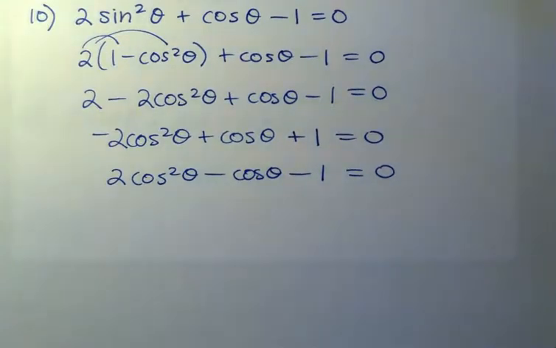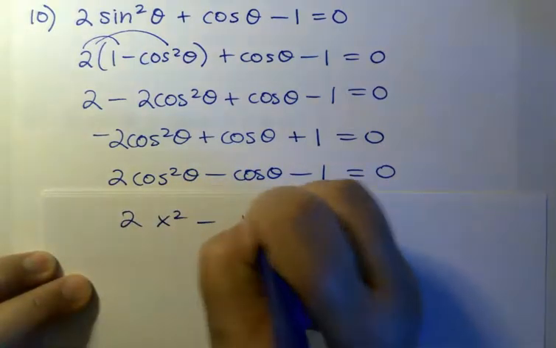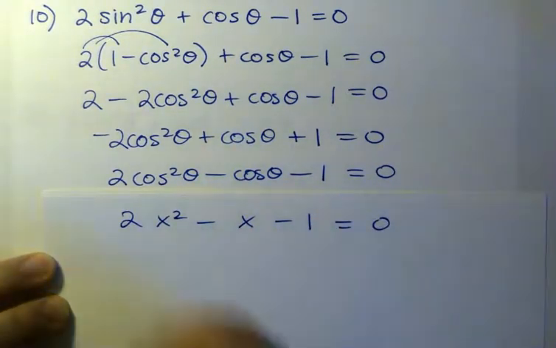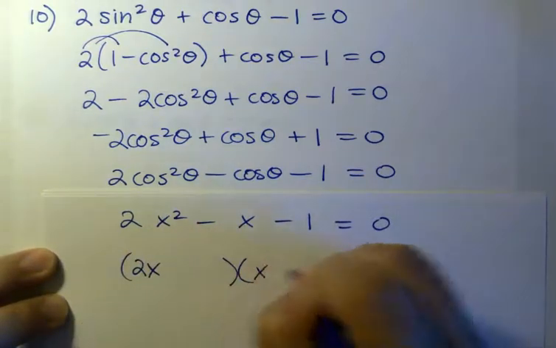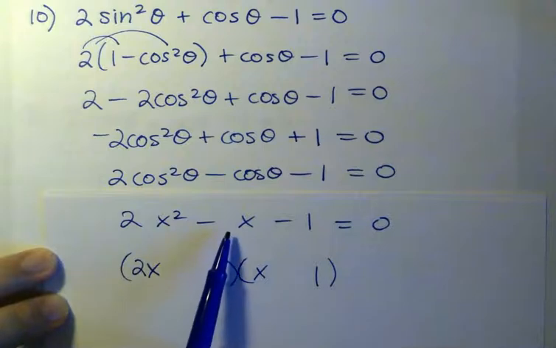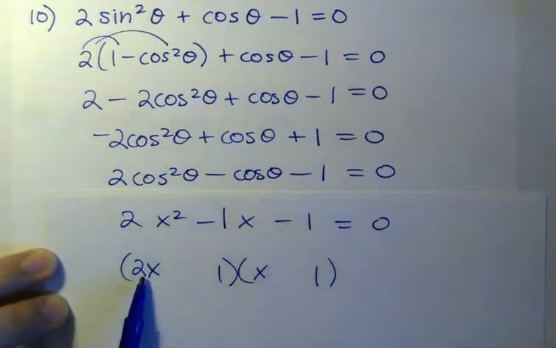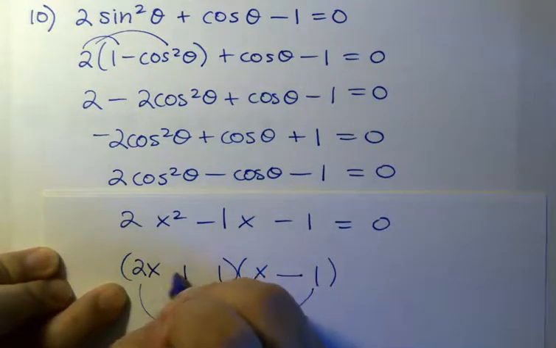Now everything is in the same trig function. In terms of the same trig function, I can think of this as being the same as this, and think about how I would factor that. So this is 2x times x. I know they're both going to be 1s. If I want the middle term to be a negative 1x, which is what I've got here, then I need the bigger number to be the negative and the smaller one to be the positive.